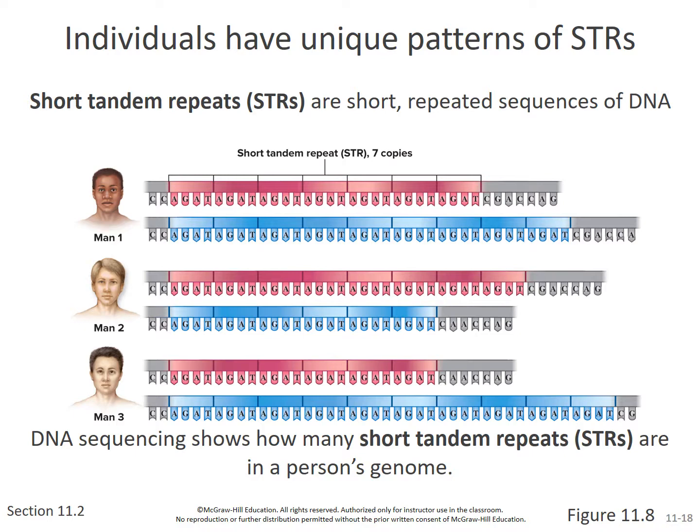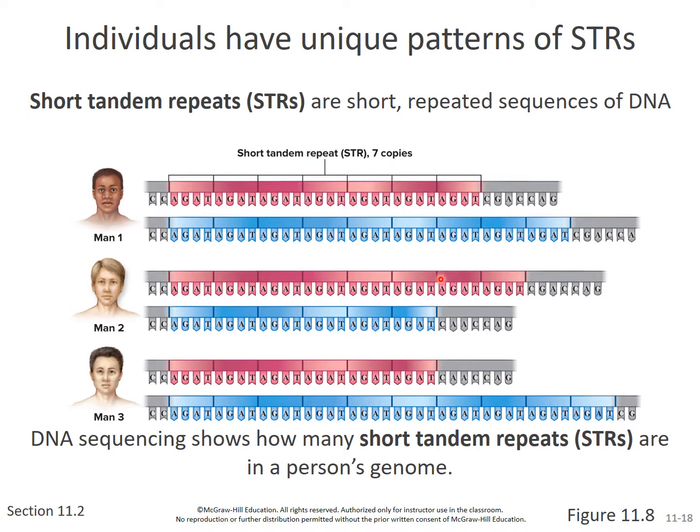And so these short tandem repeats, just like they say, are bits of DNA that are seen in different repeats. This individual has 1, 2, 3, 4, 5, 6, 7 repeats on one of the chromosomes. On his other chromosome, he has 9.